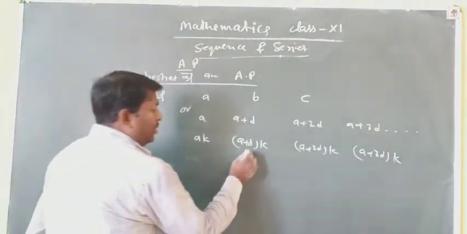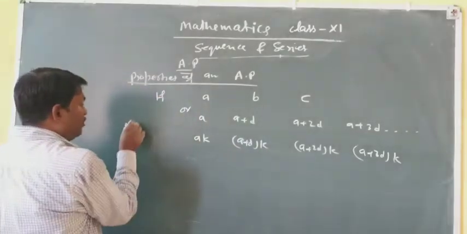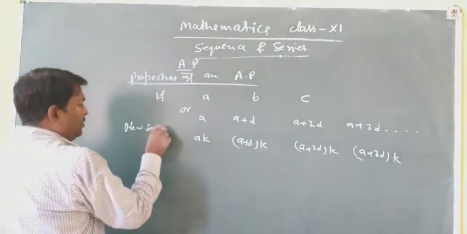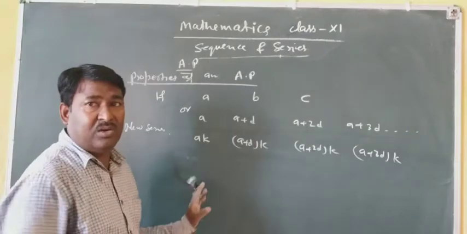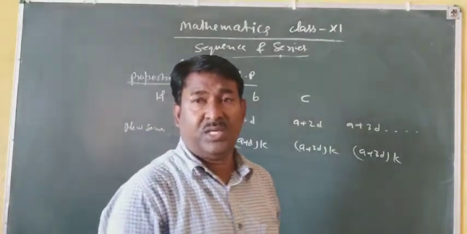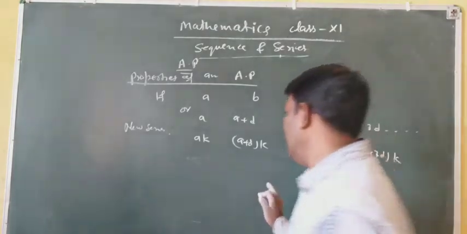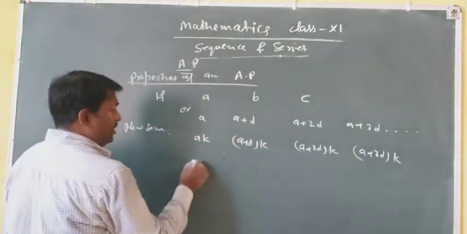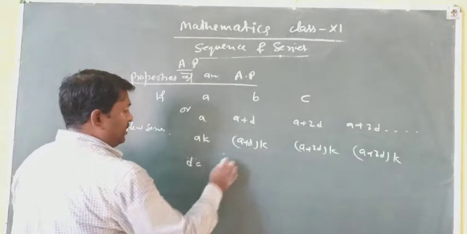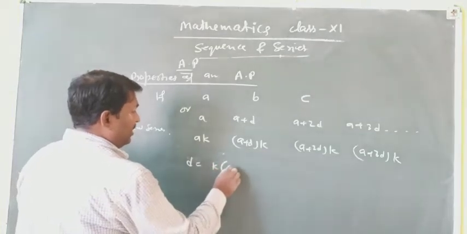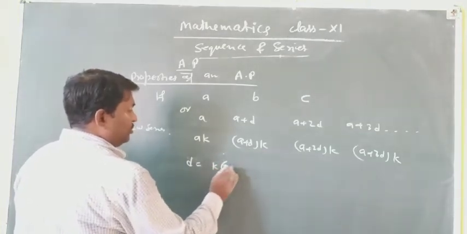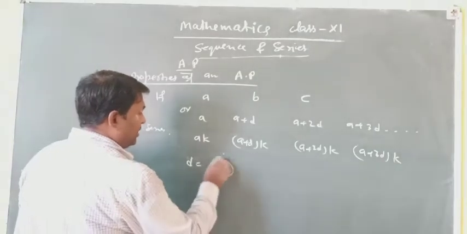Now this is the new series, when we have multiplied each term by a constant number k. What is the common difference? Here the common difference is A plus D into k minus A into k, k taking common, A plus D minus A, so you are getting dk.